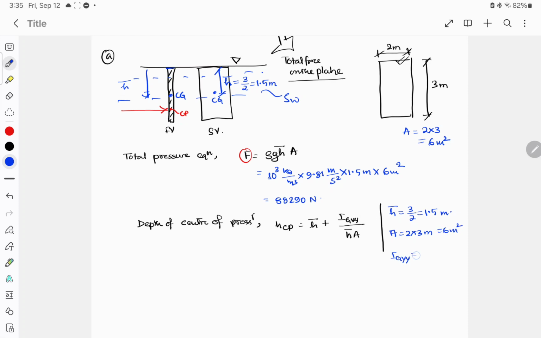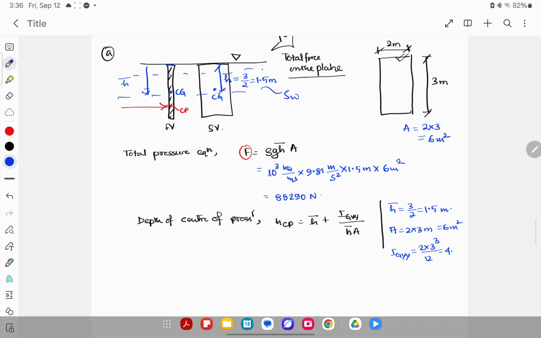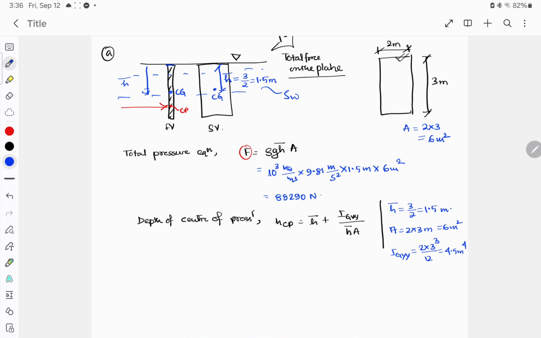I_G yy will be what? We have already seen the formula. It will be 2 into 3 cube divided by 12. That will be 4.5 meter to the power 4. Now you just have to put all the details in this formula.